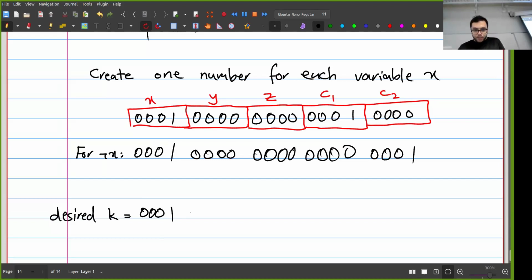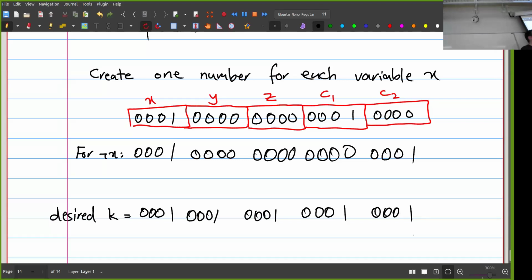I want to have a 1 for Y, which is, again, equivalent to saying that I should either take Y or not Y. I want to have a 1 for Z. I want to have a 1 for C1, which means that I want C1 to be satisfied, and I want to have a 1 for C2. So this is the desired sum that I want to get.